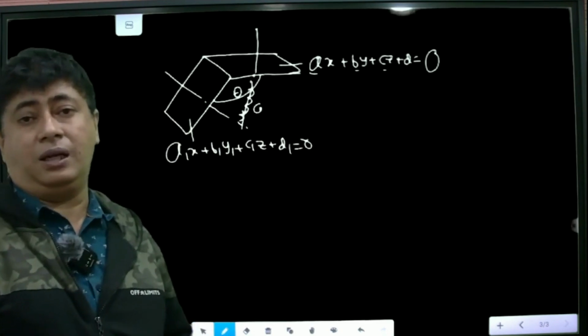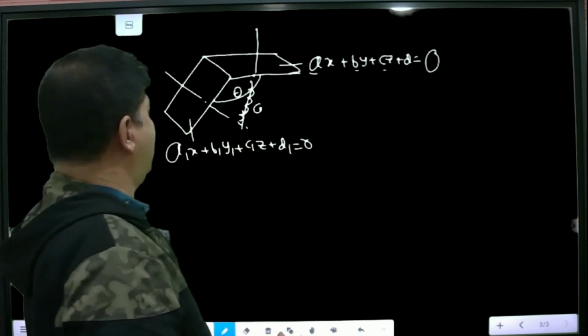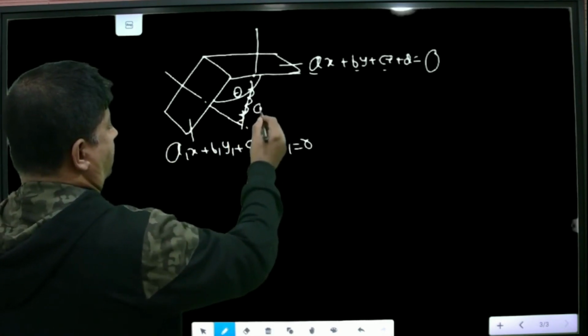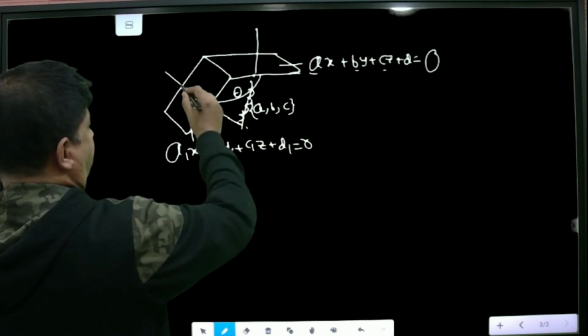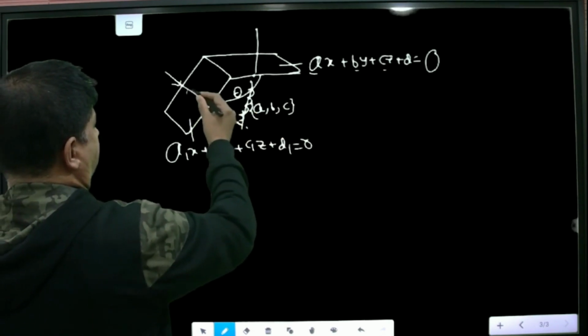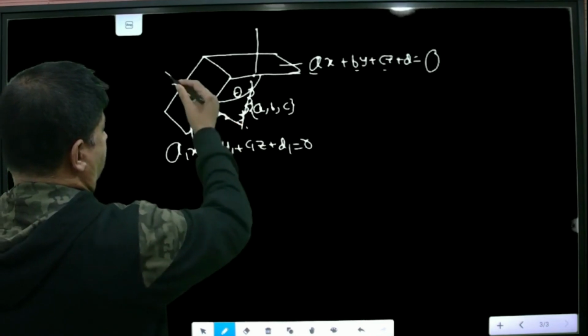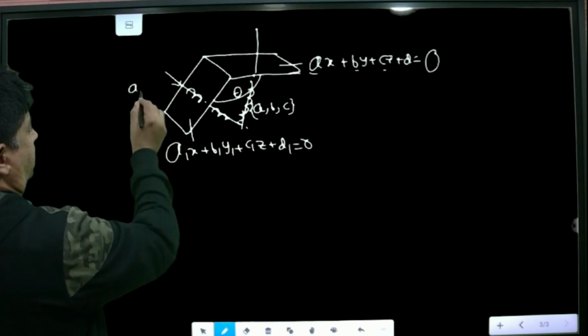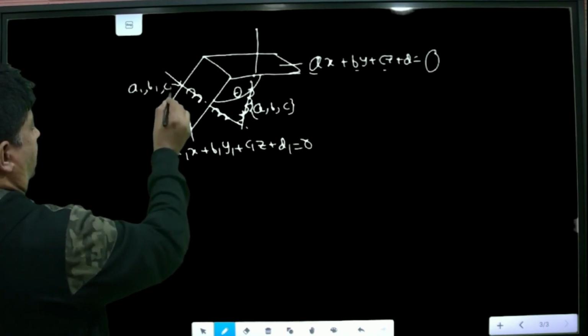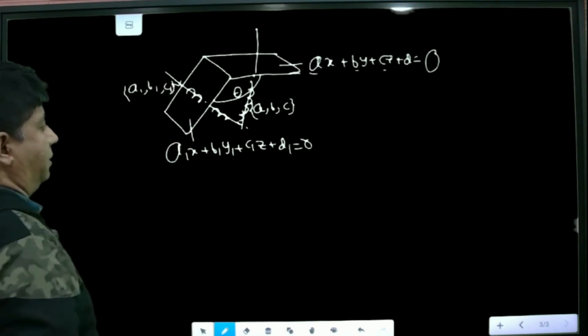It is the direction cosine of the outer normal of the plane.